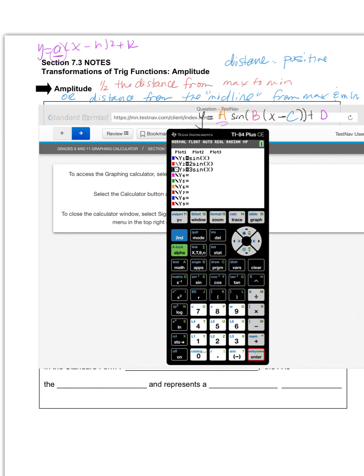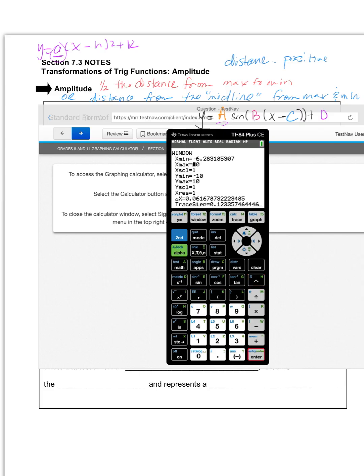Now before we do anything, we have to set the window. Our window tells us what our scales should be. All right, so now I'm going to go to my window. I'm going from negative pi, and don't forget the pi key is right there below the caret. That's the minimum.